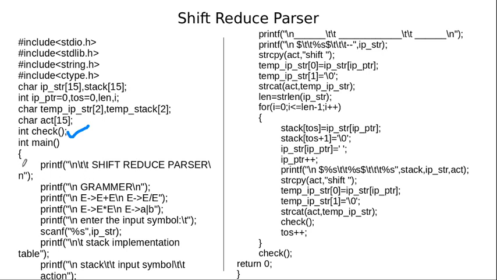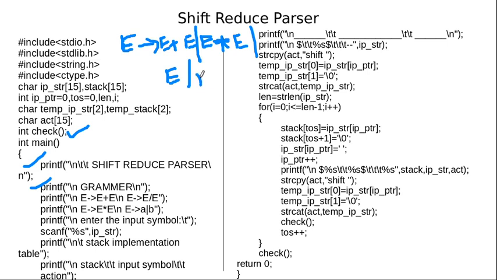This is my display message, and the grammar I am considering for the shift reduce parser is E gives E plus E, or E gives E star E, or E gives E by E, or E gives a, or E gives b.